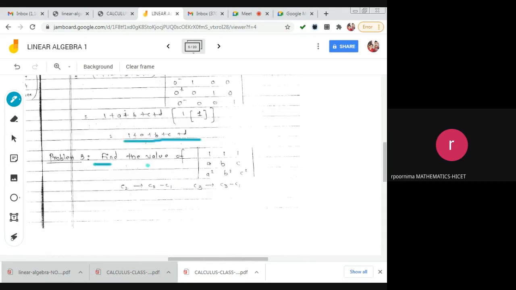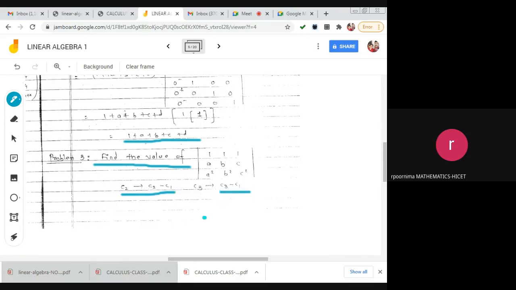Next, find the value of this 3 by 3 matrix: 1 1 1, a b c, a square b square c square. So you just apply the column operation: C2 goes to C2 minus C1, and C3 goes to C3 minus C1.